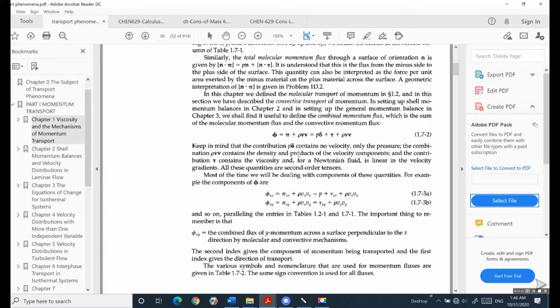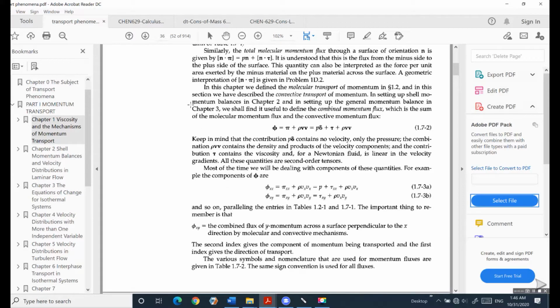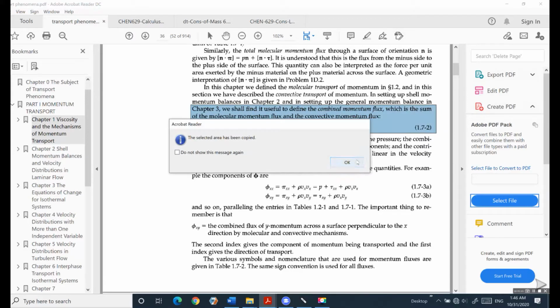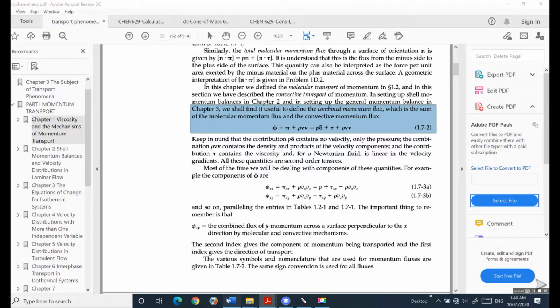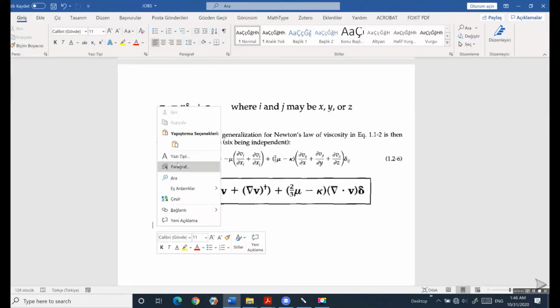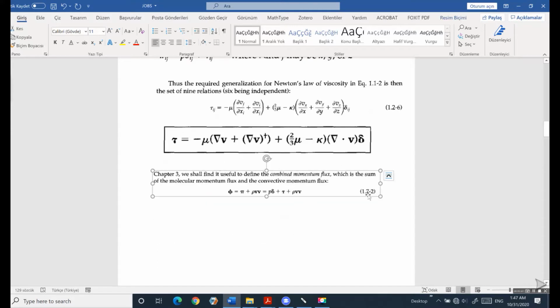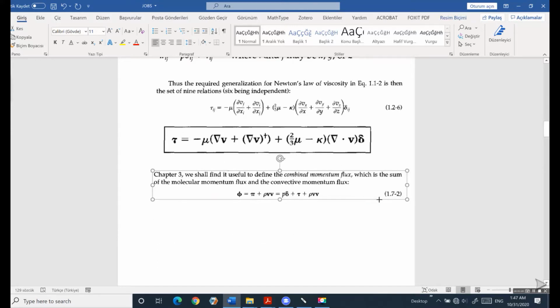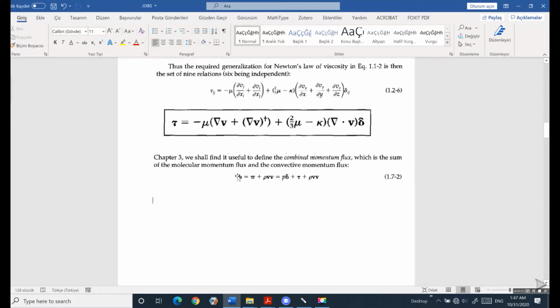And finally, we can write the total combined momentum flux by this term. The first term is the molecular, the second term is the convective.